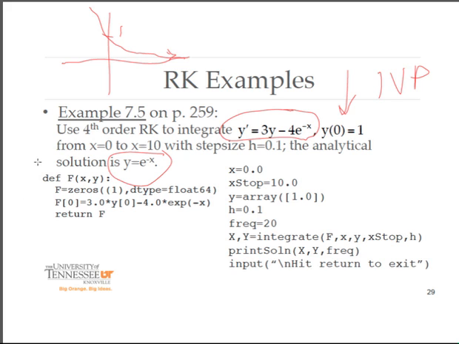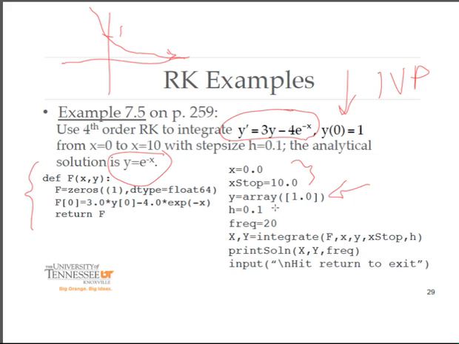So if we were to do this numerically, again, assuming we don't know that analytical solution, we're just going to pretend we didn't know it. We would construct our f function appropriately that describes the right-hand side, set our limits of integration, and build y. We only have one initial condition, so technically y is just an array of one element, which is fine, just for consistency with the inputs to this integrate function.